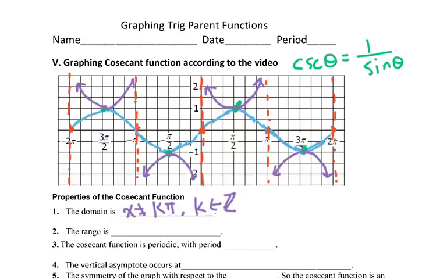The range will be from positive 1 to infinity, or from negative infinity to negative 1.